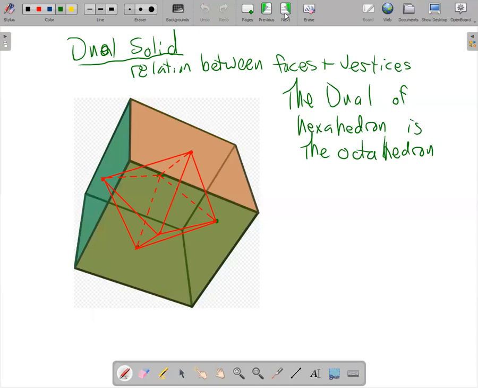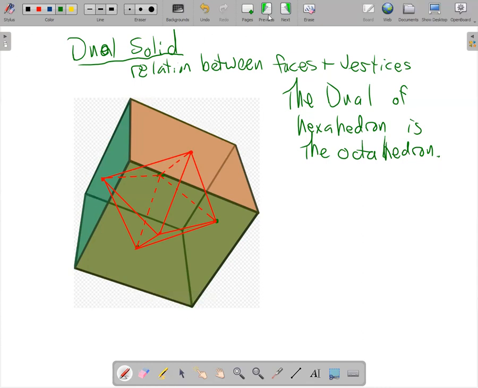Now, physically, what happens is that's like, again, mapping the midpoint of each face to a point and then connecting those. So that's a physical swap of the face to the vertex. So we're just reconnecting those. And so that's the physical relationship, which I think is beautiful, pretty cool.